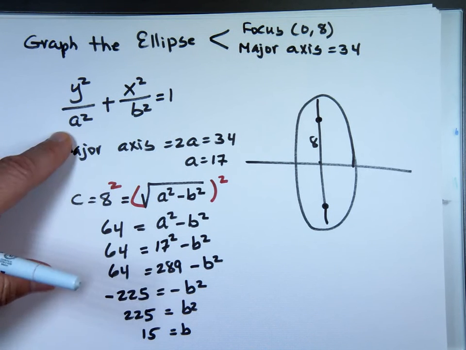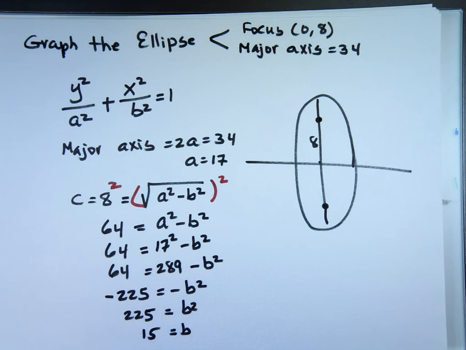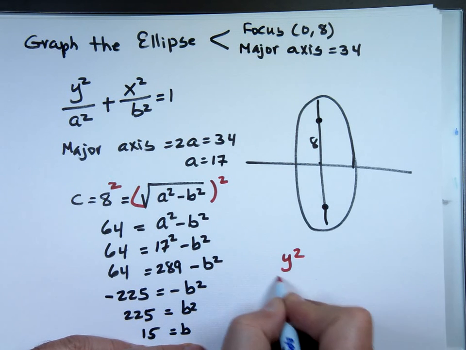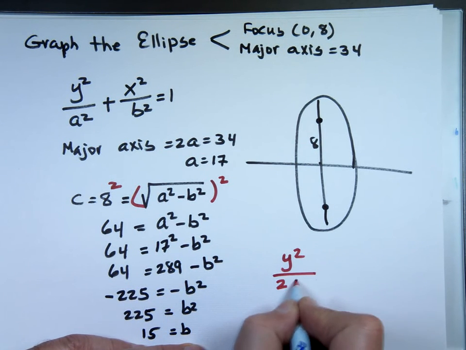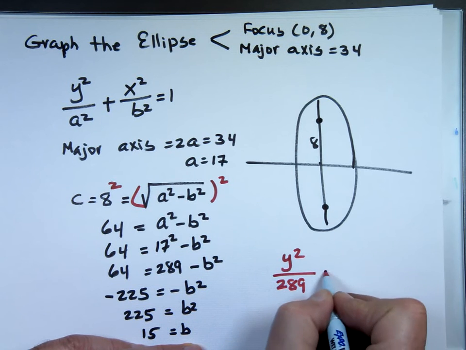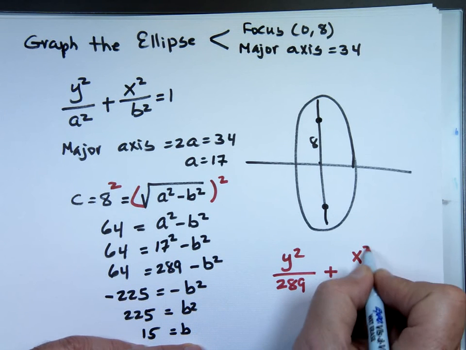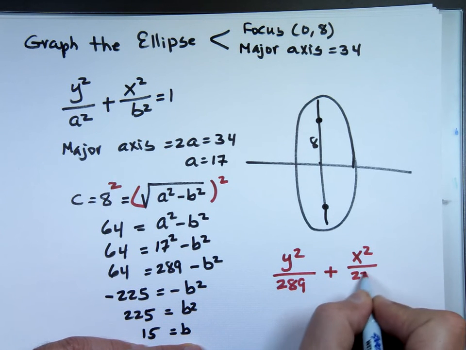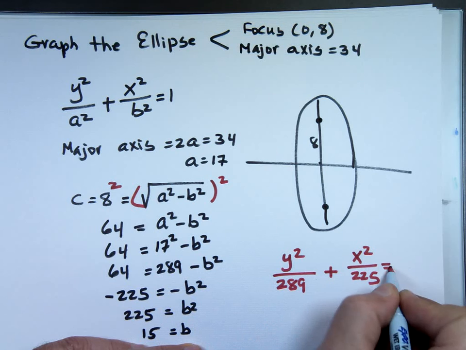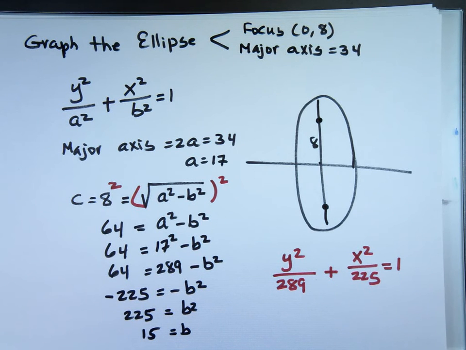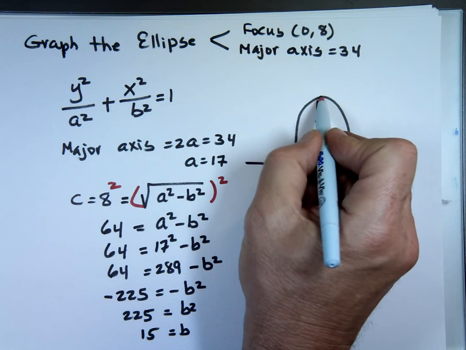So the equation that describes this ellipse is y squared over a squared, where a squared is 289, plus x squared over b squared, 225, equals 1. This is 17 units high.